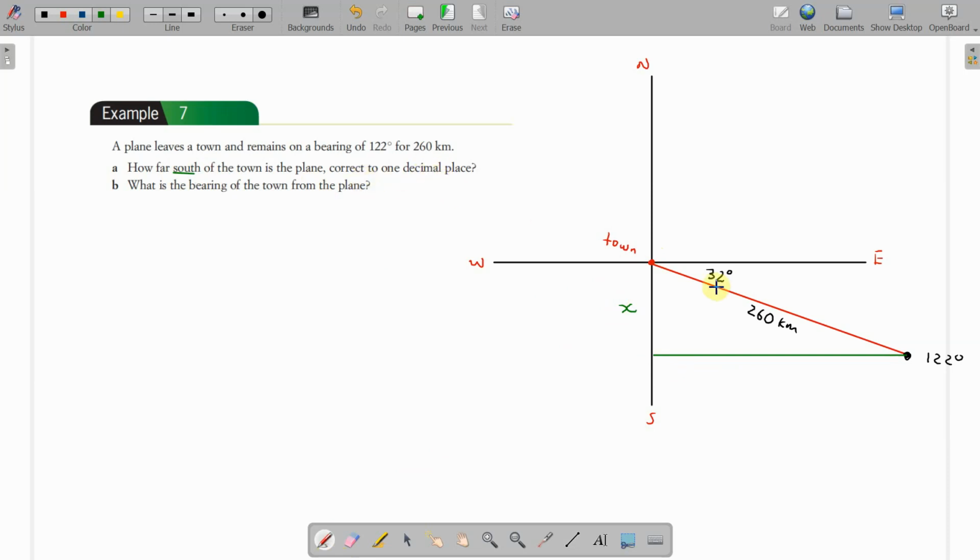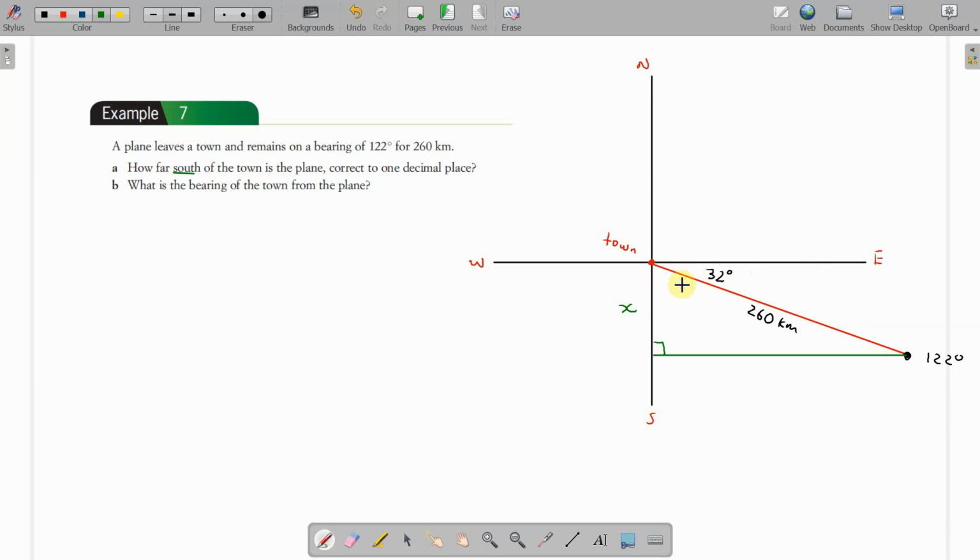Here's where the trick comes in, because now we've got a right-angled triangle. The plane's bearing line is our hypotenuse, and there's our right angle. We haven't got an angle yet, so we need to work that out. We've got the length of the hypotenuse, and this side here depends on where we put our angle. The whole angle from east down to south is 90.